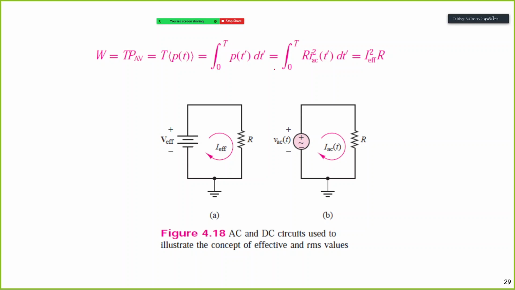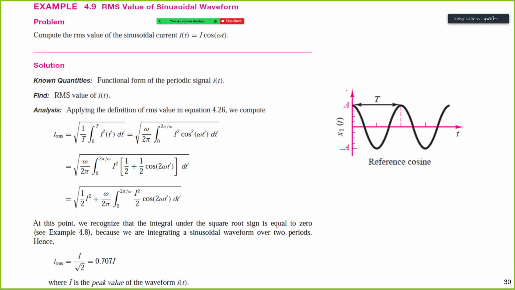So here is what I have explained. The power absorbed by the resistance is equal to I squared R, so in this case it's equal to the RMS value. For a sinusoidal waveform, or a cosine or sine waveform, if we take this formula to find the RMS value, finally we will get that the RMS value equals the peak value divided by square root 2.